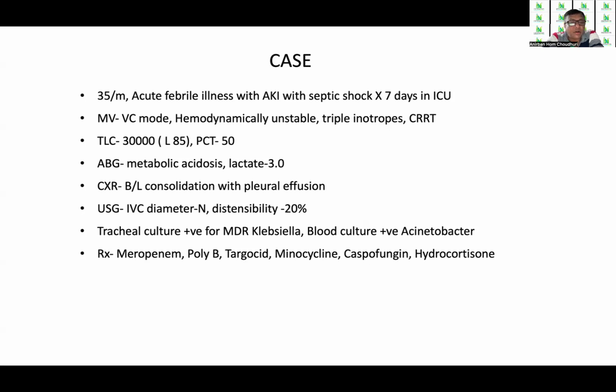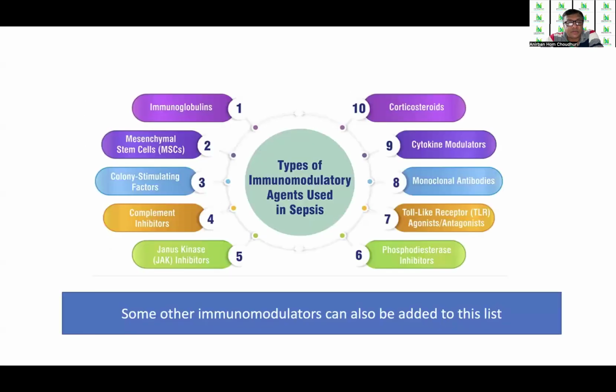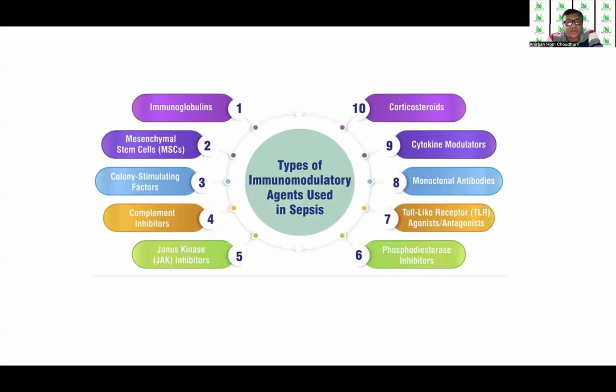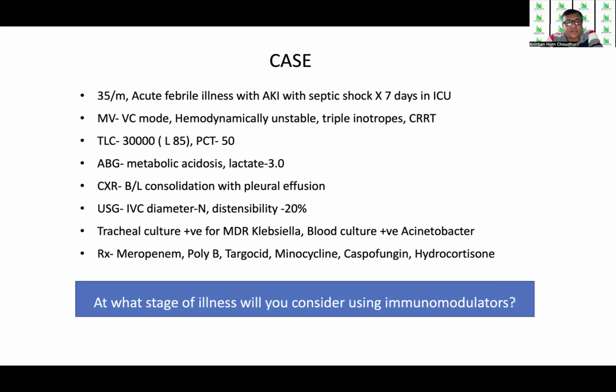Patient is currently on meropenem, poly-B, targocid, minocycline, caspofungin, and hydrocortisone. Now, in this patient, at what stage of the illness should you consider using immunomodulators?